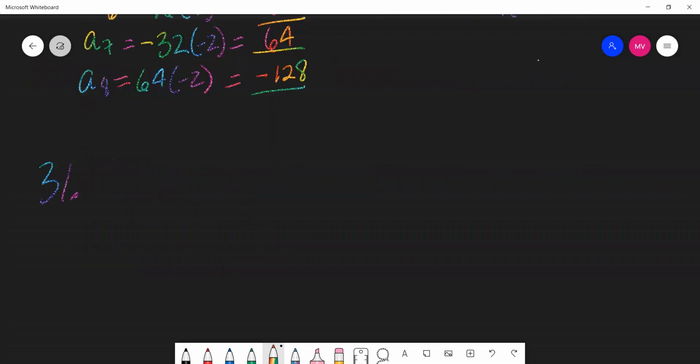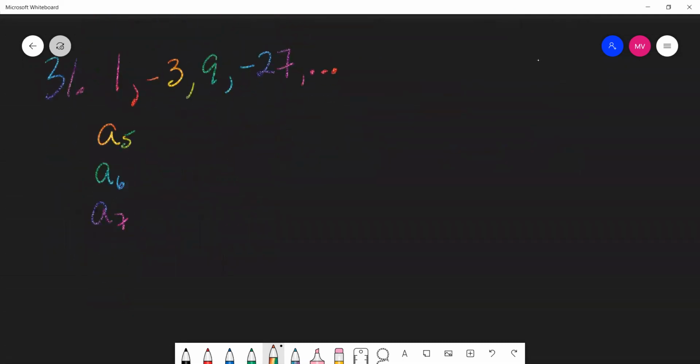Okay, so our sequence for 31 is 1, -3, 9, -27. Let's find the term at position 5 using the explicit formula. The explicit formula is the first term, 1, times the ratio.